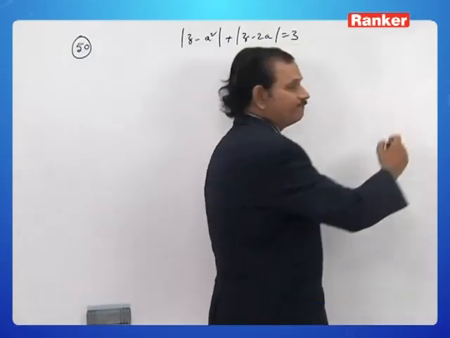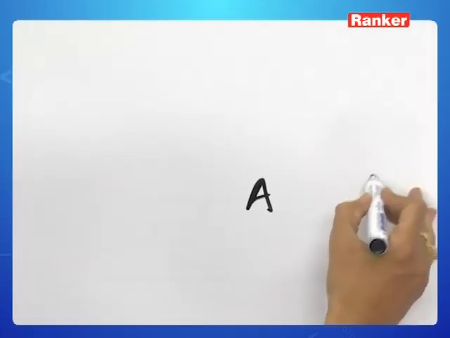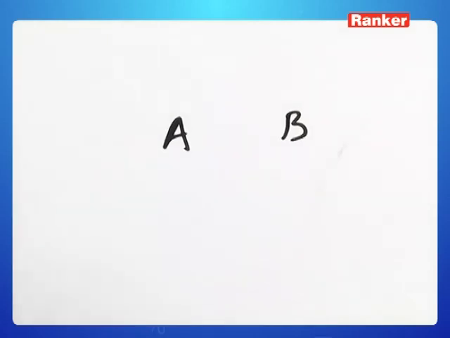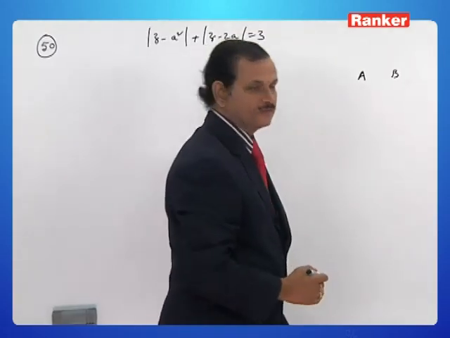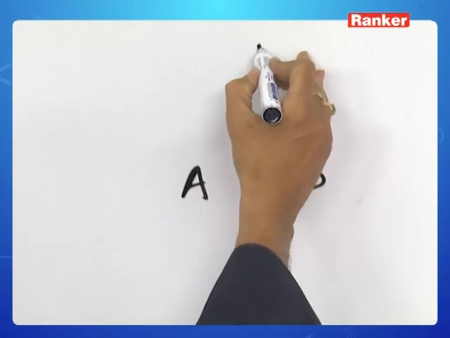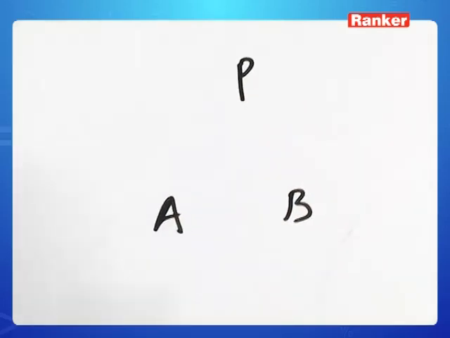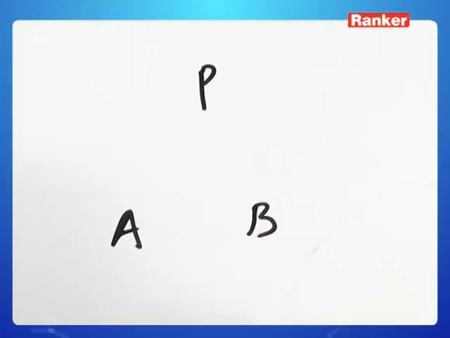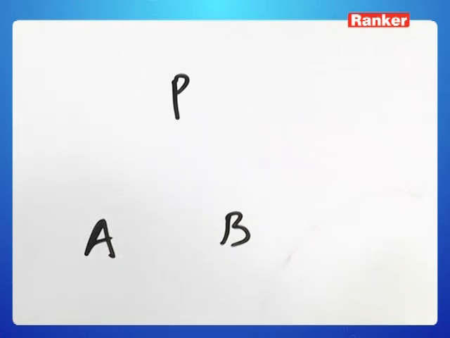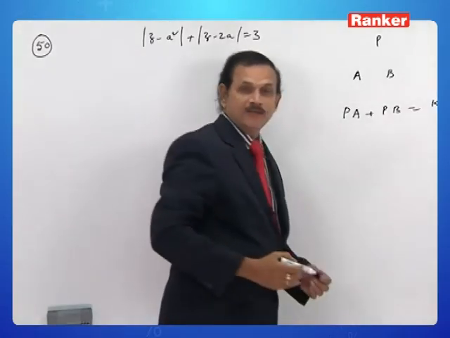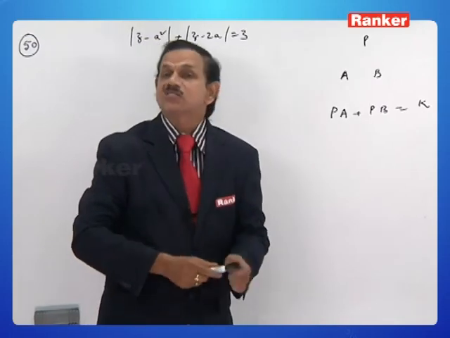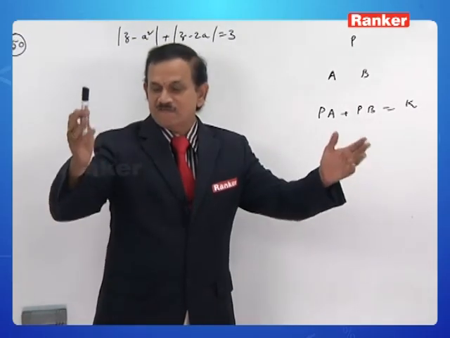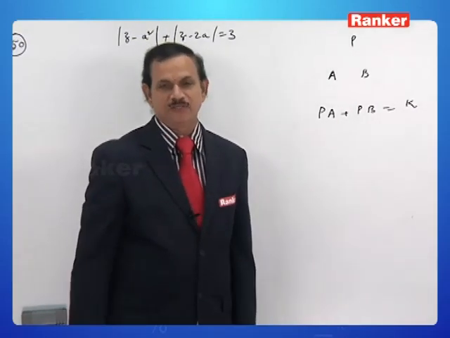That is, if capital A and capital B are two fixed points and capital P is a moving point such that PA plus PB is equal to K, then what is the locus of P? It is a famous problem in the chapter.